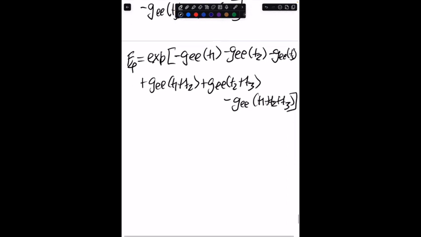So now in summary, we will summarize all your response functions R1 through R4.